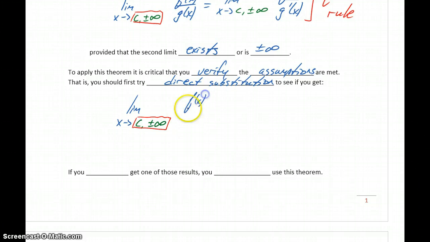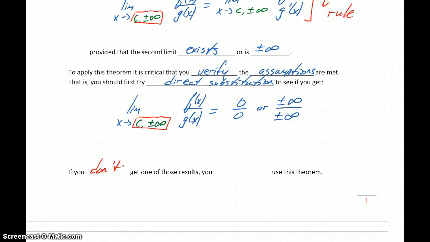If we can get the limit of f of x over g of x to be equal to 0 over 0, or infinity over infinity, whether those are positive or negative infinities doesn't matter. So the first thing to do is just try direct substitution. If you don't get either of those results, so if you don't get 0 over 0 or some version of infinity over infinity, then we cannot use the theorem and the techniques that we're introducing in this section.